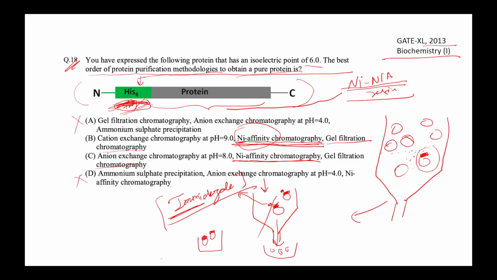The other thing is that ion exchange chromatography is mentioned in both, but they are different: one mentions cation exchange chromatography, another mentions anion exchange chromatography. In the question we have the isoelectric point of the protein, that is 6.